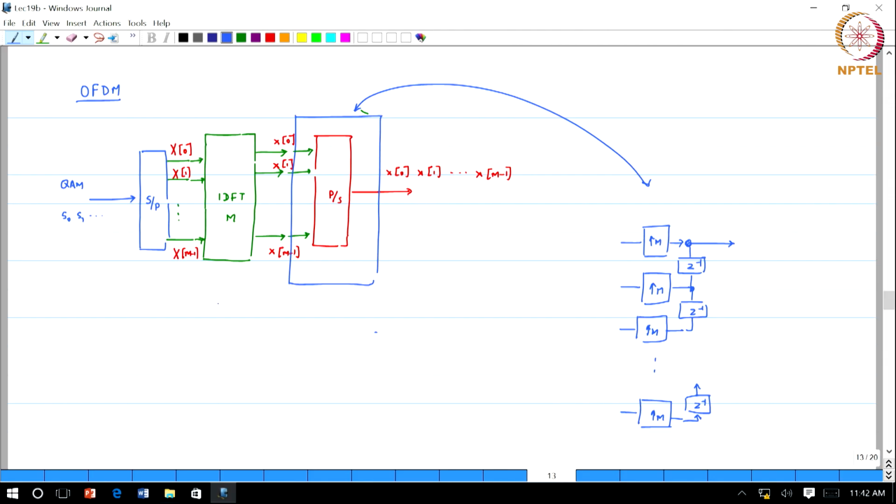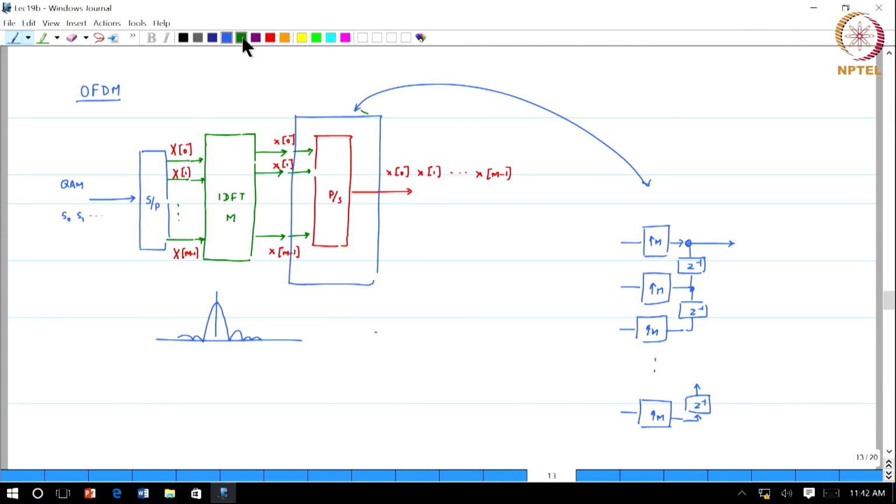So if you now combine this multirate structure with the IDFT, it says that the first branch is a filter bank that has this type of response.